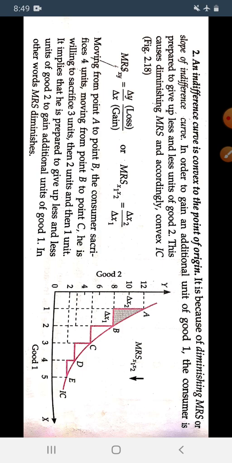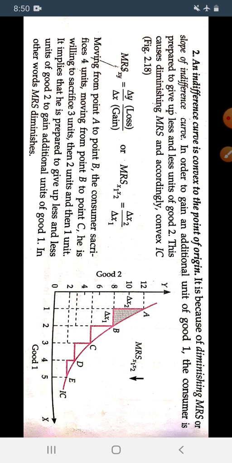So whenever the consumer consumes an additional unit of good 1, he is prepared to sacrifice only a smaller amount of good 2. For that purpose, MRS decreases, and it is the main cause of the convexity of the indifference curve.